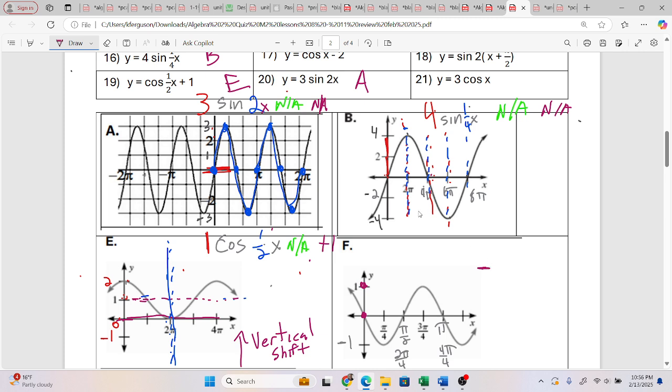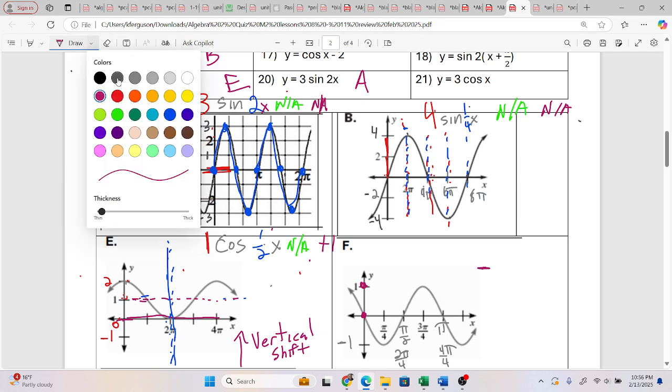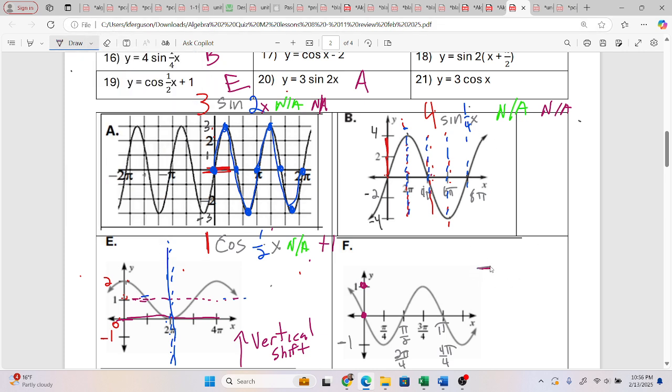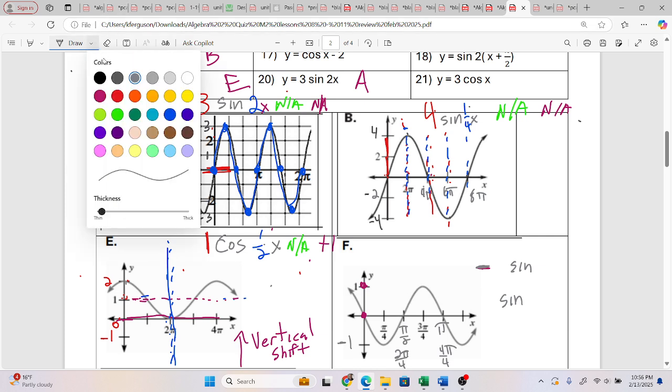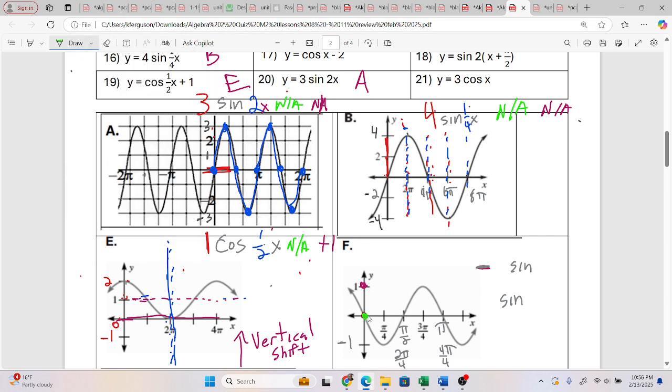So either my function is negative sine, or it is a positive sine with some kind of phase shift. So the phase shift, the thing needs to be right here. So either they pushed it pi over 2, or they dragged it back pi over 2.